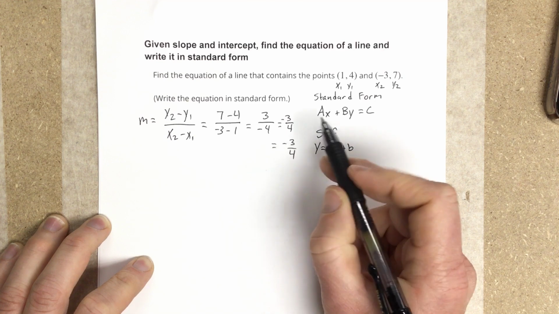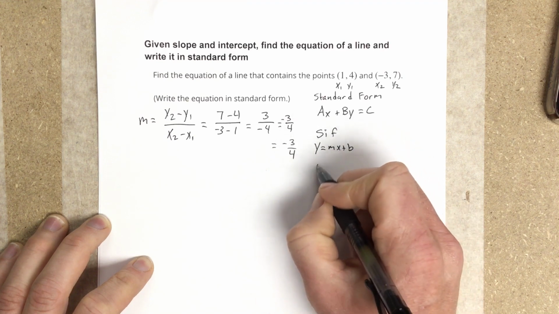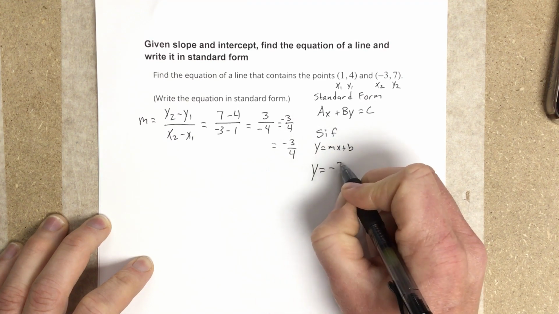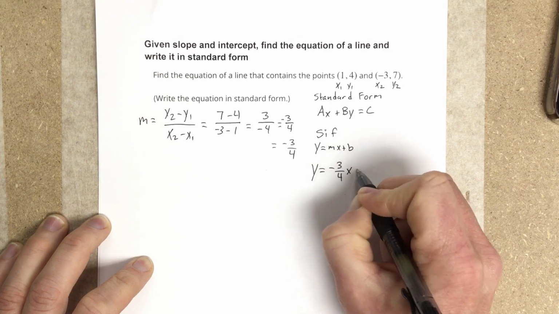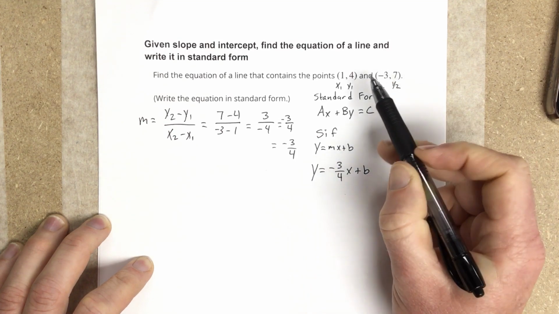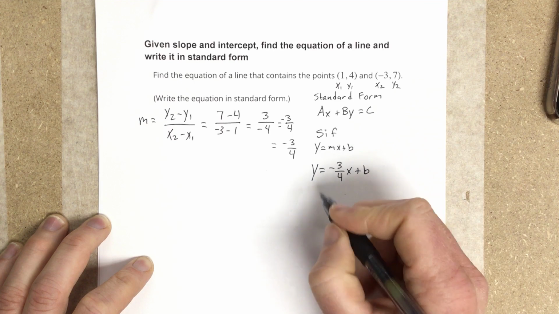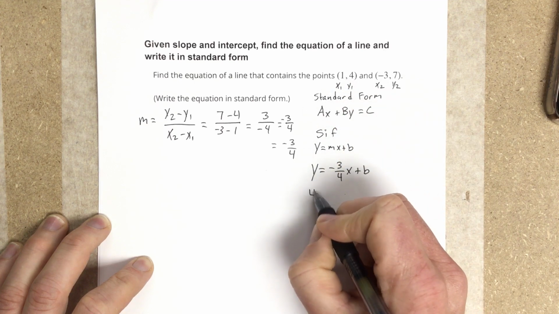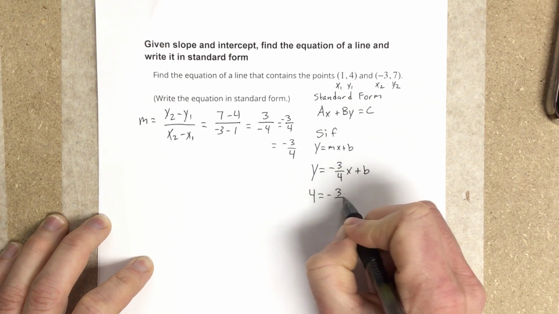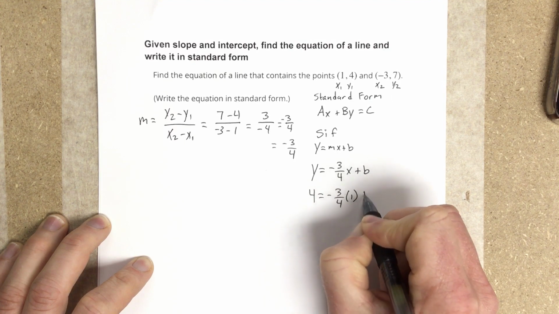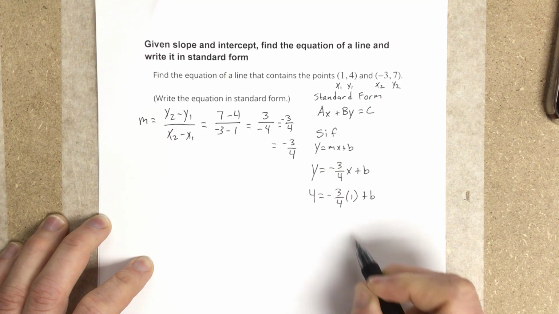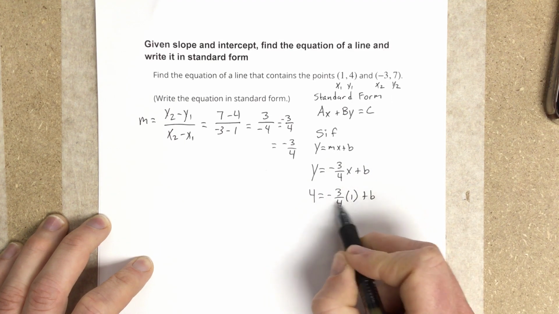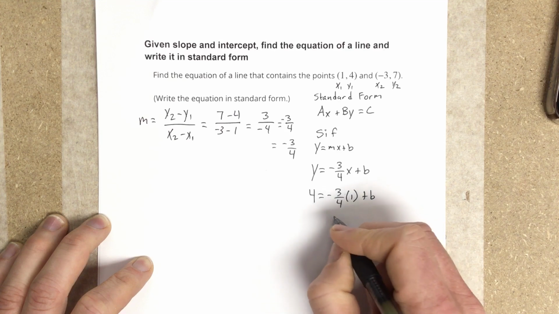Let's go to slope-intercept form now. So we're going to say that y is equal to negative 3 over 4 x plus b. Pick one of these coordinates, doesn't matter which one. We'll use 1 and 4. So 4 equals negative 3 over 4 times 1 plus b. Negative 3 over 4 times 1 is negative 3 over 4, so let's add it to the other side.